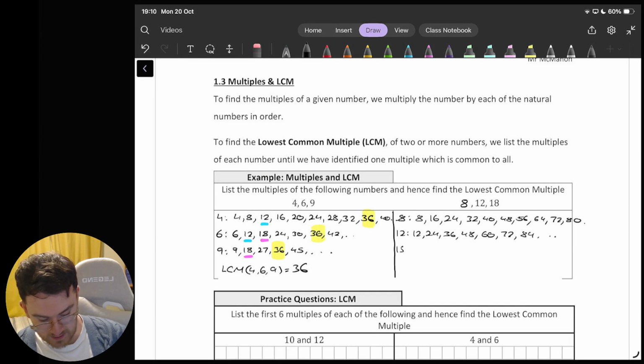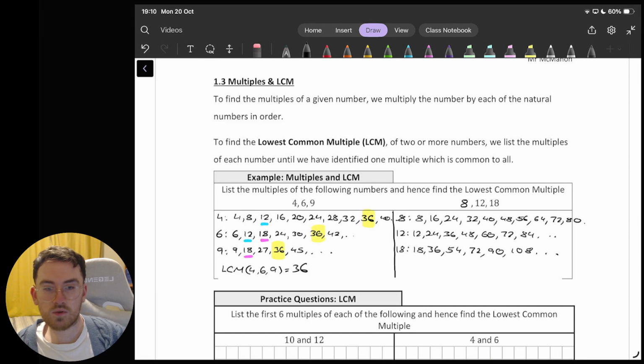And we can even do 18 as well. Same idea: 18, 36, 54, 72, of course, 90, 108, and so on and so forth.